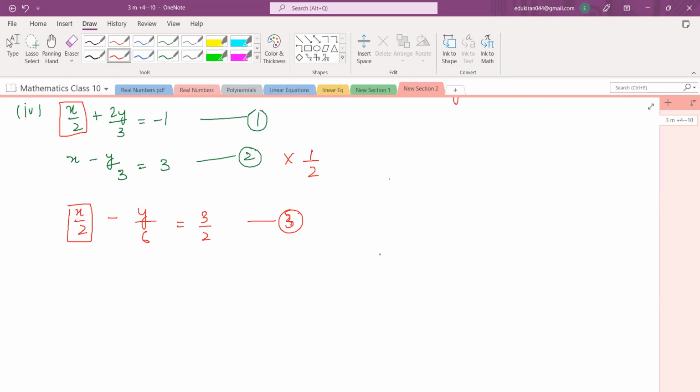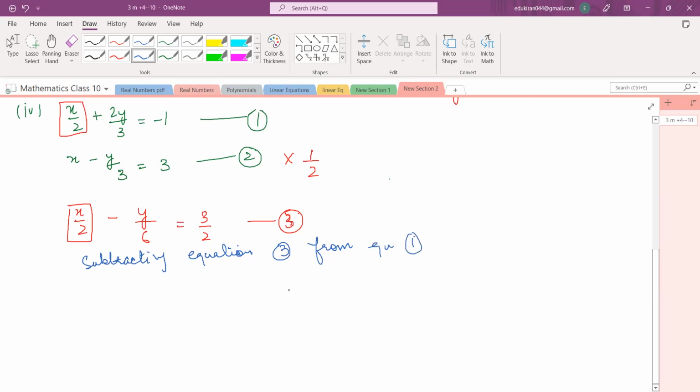Okay, so both are positive, so that means I'll have to subtract. How will you write it? Now subtracting equation 3 from equation 1. So write properly. Equation 3 from equation 1.